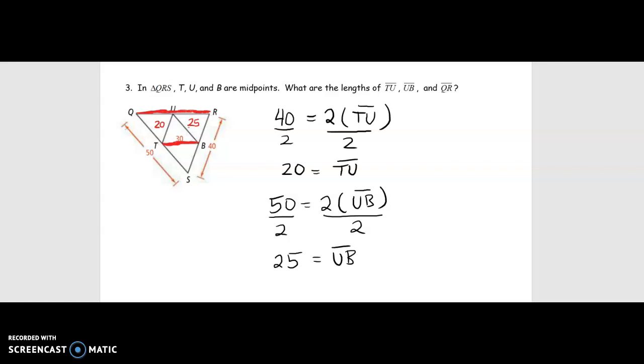Let me just set up right over here. So QR is equal to 2 times TB.